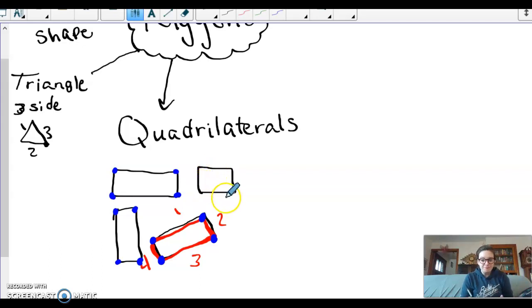My square then still has those properties, 1, 2, 3, 4, except that all sides are equal. So a square and a rectangle are basically the same thing, except that a rectangle can have any kind of sides as long as 2 sides match. It'll be 2 and 2, so 2 longer sides, 2 shorter sides. As long as those match, it's a rectangle.